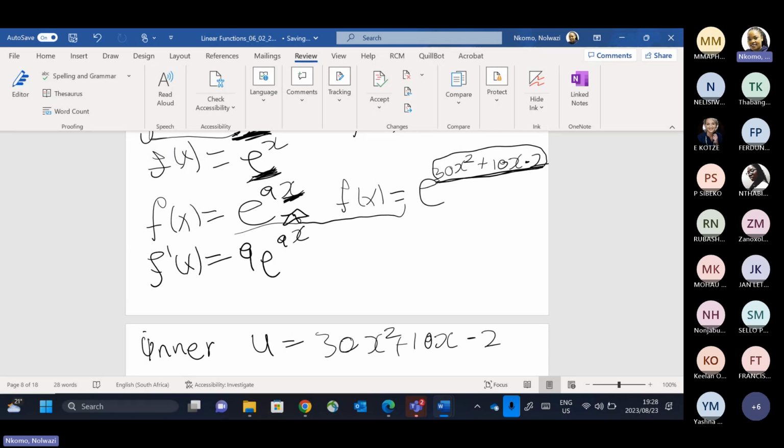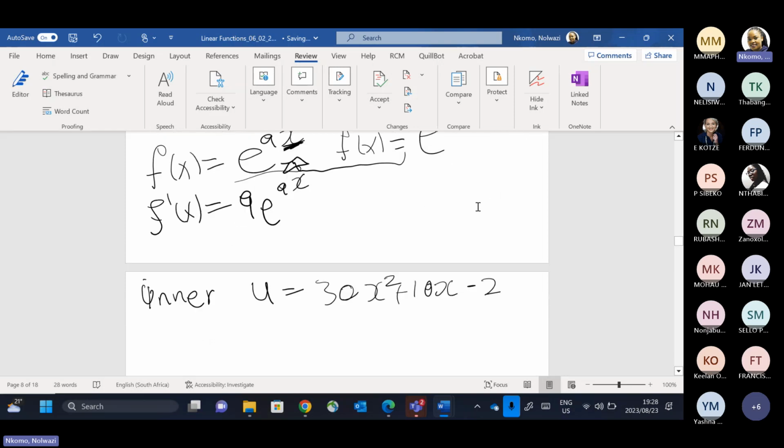If this is your inner function, then the outer function v would be e to the power u.